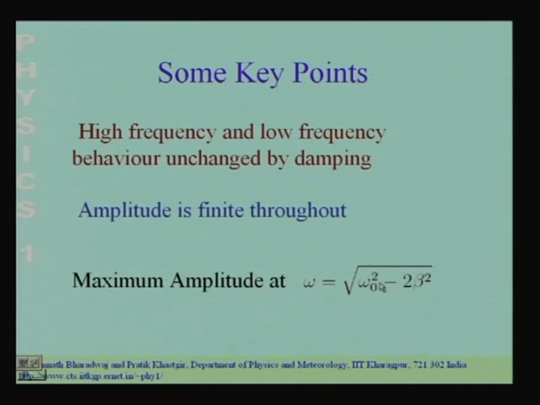So, it is not exactly at the natural frequency. The oscillations have a maximum amplitude not at exactly the natural frequency, but at an angular frequency which is slightly lower than the natural frequency, and the frequency is square root of omega naught square minus 2 beta square.